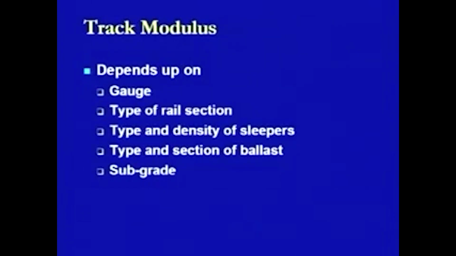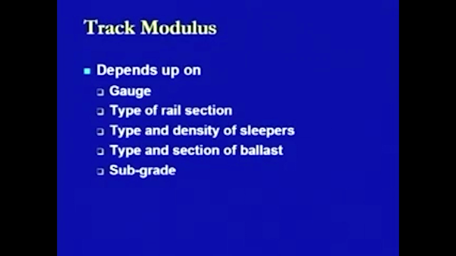Here again we have different types of ballast materials which can be used. We have crushed slag, ashes, conchers or crushed stone aggregates. Obviously, depending on the type of material and its load-taking characteristics, we can define the track modulus.